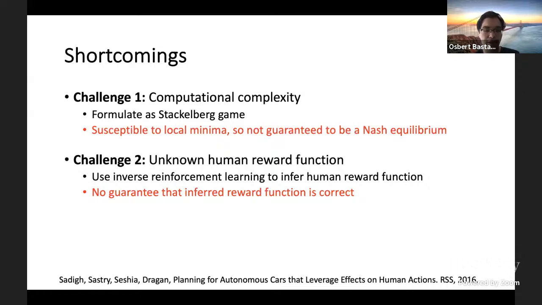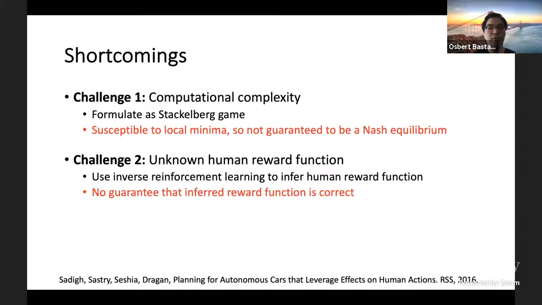And the second challenge is that, while they're using data to infer the human reward function, this is just a machine learning algorithm and there's no guarantee that the inferred reward function is correct. You can deal with inaccuracies due to noise, but in practice, different humans will have different reward functions.